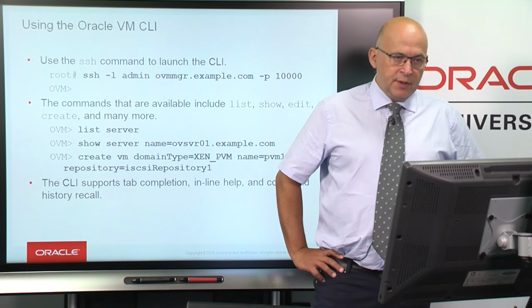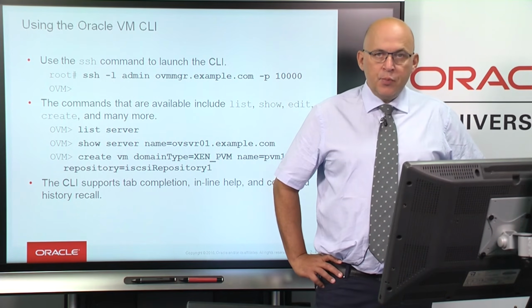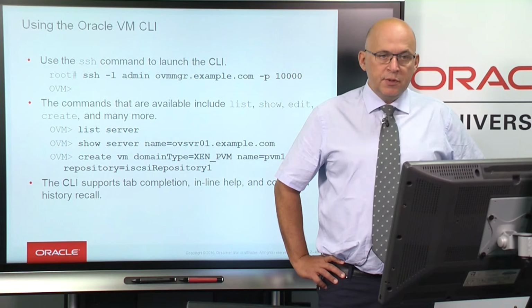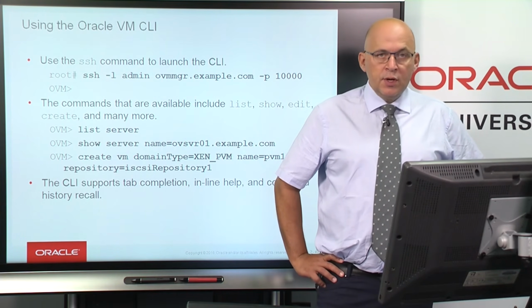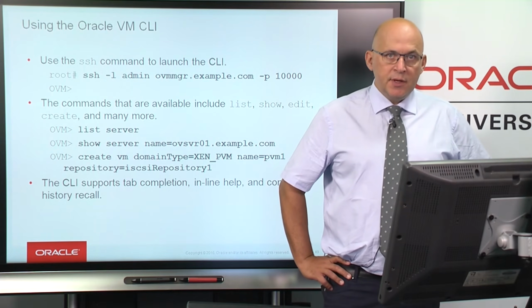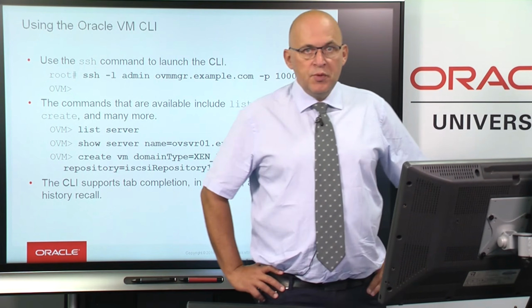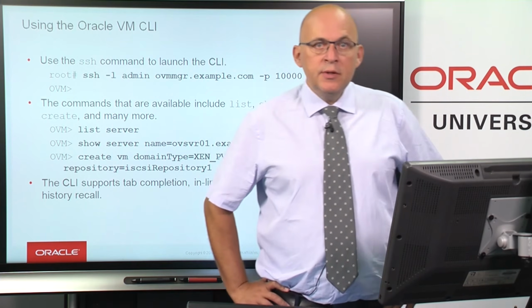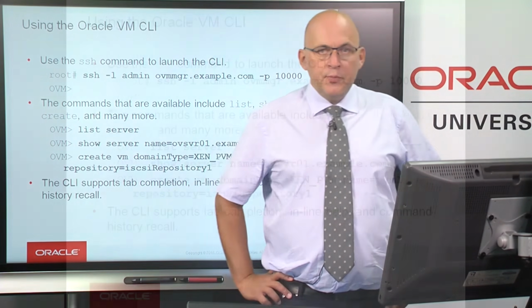Before using this, you have to be sure that port 10000 is already open on the OVM Manager, okay? So this SSH action, as you can see here, will be performed by a user called admin, which is already created on the OVM Manager, on port 10000.